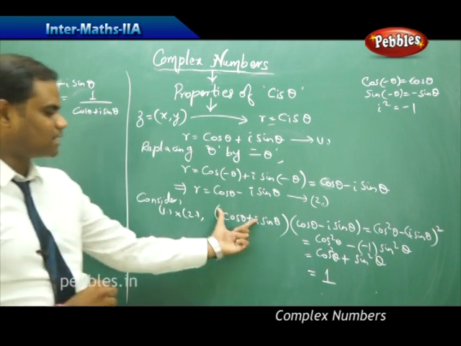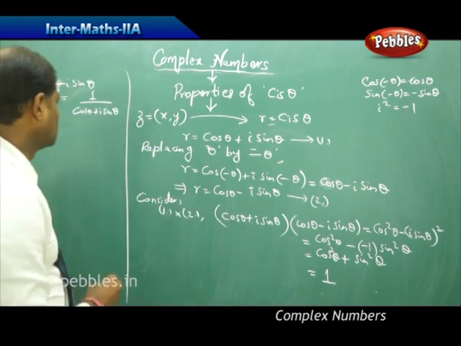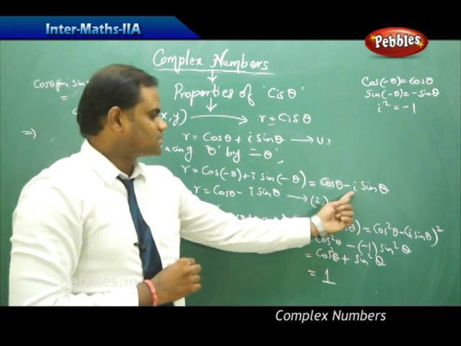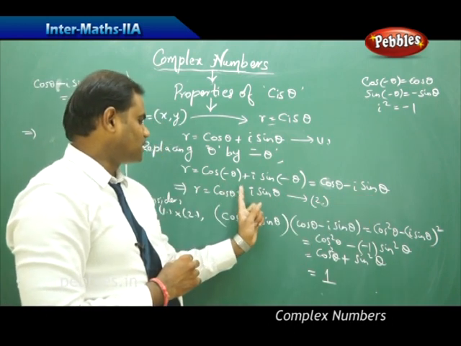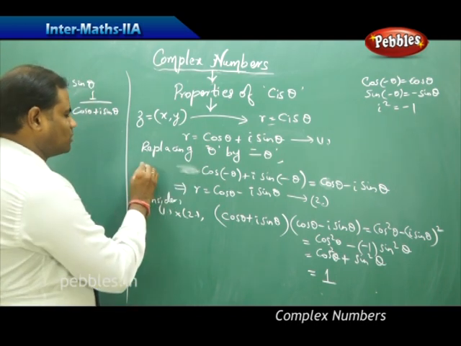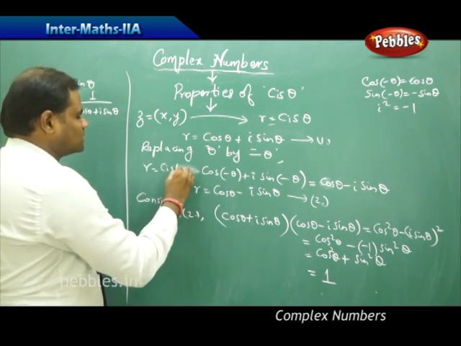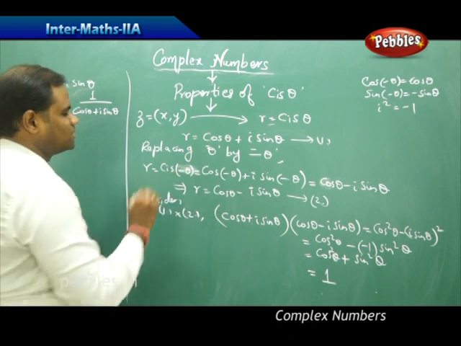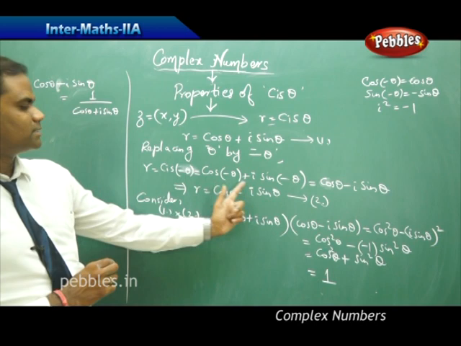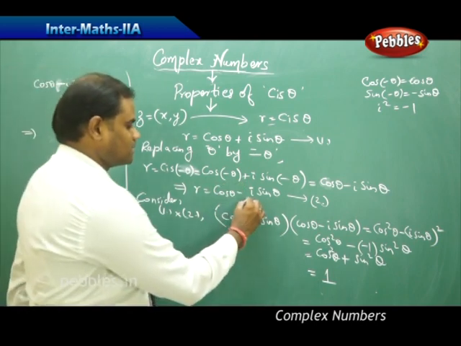Replacing theta with minus theta, I get cis of minus theta as cos theta minus i sin theta.